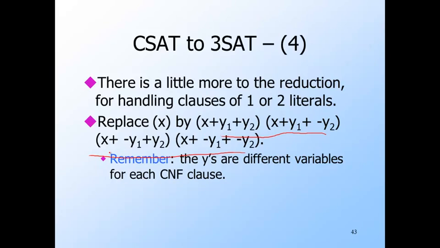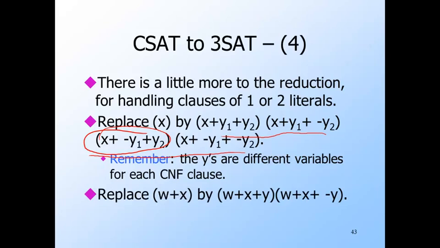For example, if y1 is true and y2 is false, then this clause will be false whenever x is false. But conversely, if x is true, then all 4 clauses are true regardless of the truth values of y. And don't forget that these introduced y's are new. They appear in no other clauses, just like the y's we introduced to split apart the long clauses.